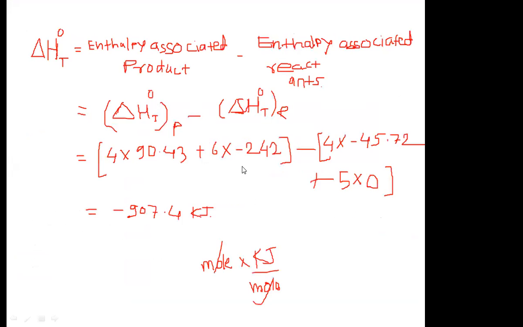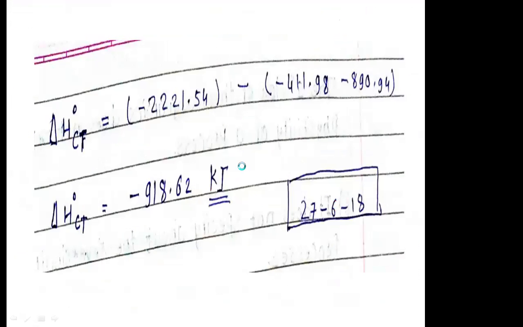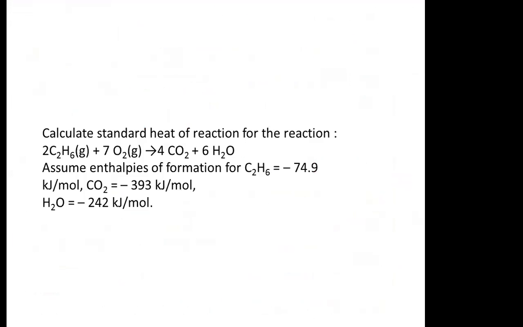Yes, sir. This is an additional numerical I have taken from the assignment booklet. You can solve it. Calculate the standard heat of reaction for the reaction 2C2H6 gas plus 7O2 gas gives 4CO2 gas plus 6H2O. Give me the answer.